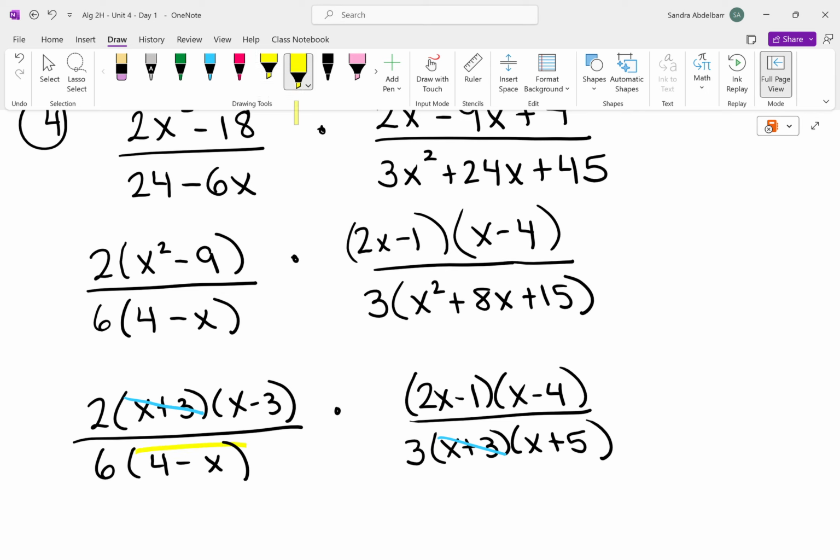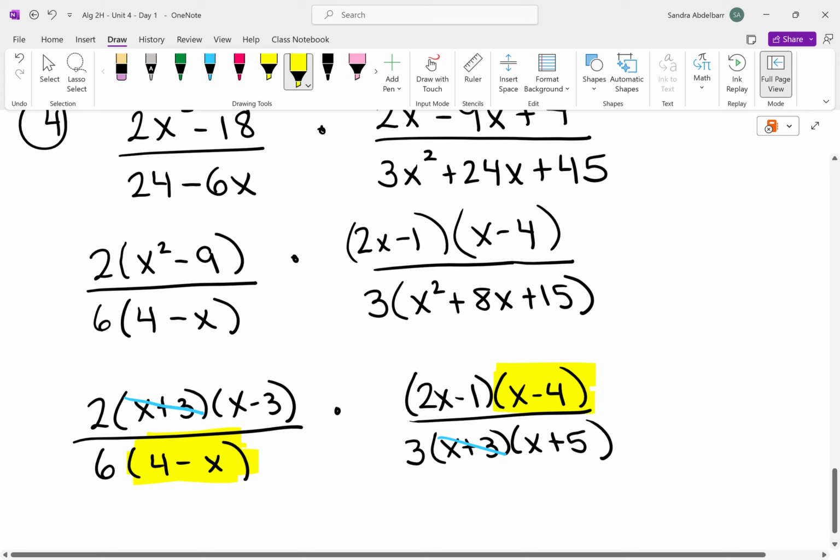Then I notice I have things that are almost similar, but not quite the same. Do you see how this is a 4 minus x and an x minus 4? They're so similar, but in this one, the x is negative, and in this one, the 4 is negative. Does anybody know what I can do to make them the same?